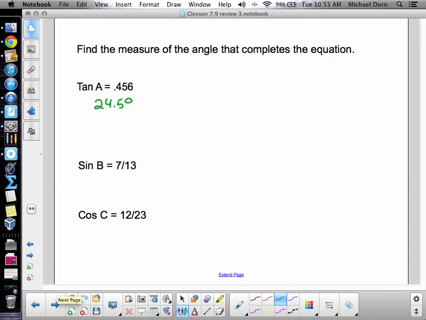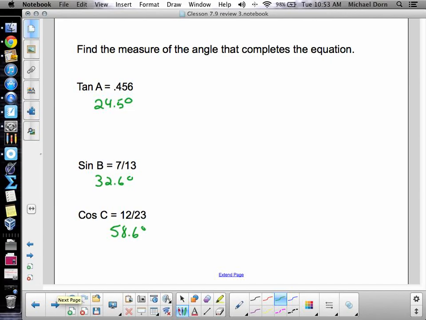So I have to do the sine inverse on that one. I get 32.6 degrees. Cosine of C, so second function cosine. I get 58.6 degrees. So again, we have a variety of methods.